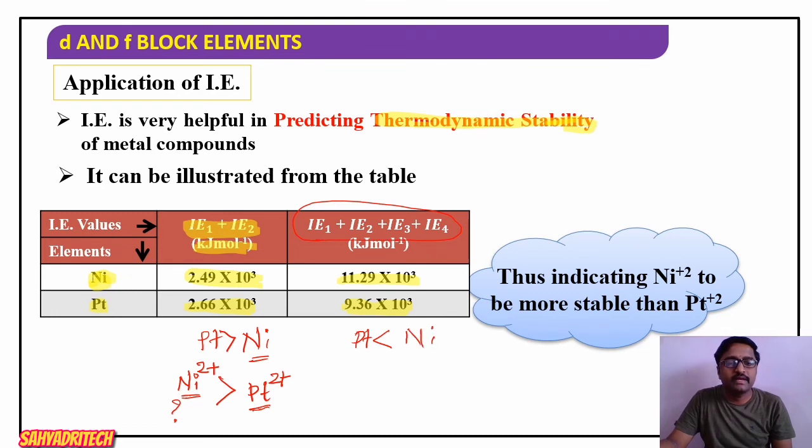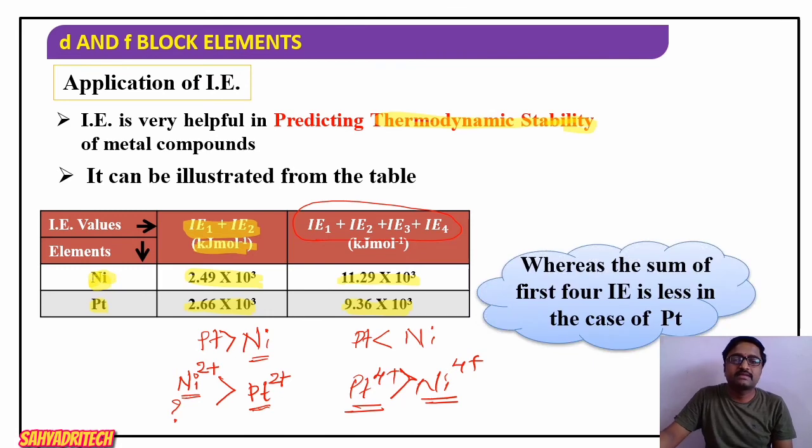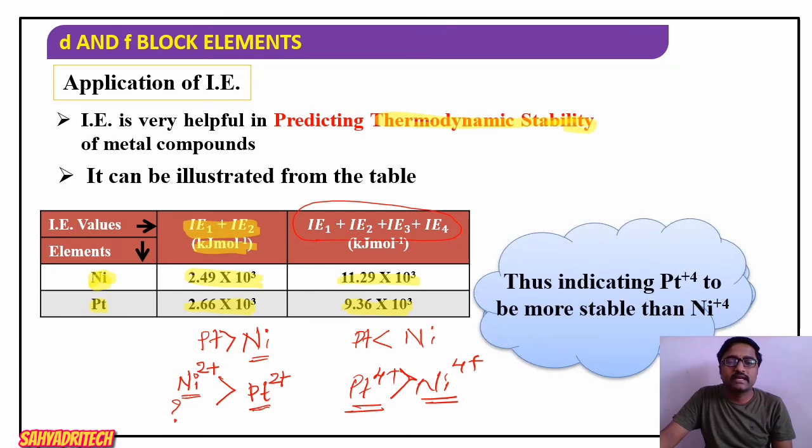So we consider Pt4+ and Ni4+. For Pt4+, less ionization enthalpy is required, which means Pt4+ is more stable compared to Ni4+. Whereas the sum of the first four ionization enthalpies is less in the case of platinum, therefore we say Pt4+ is more stable than Ni4+.